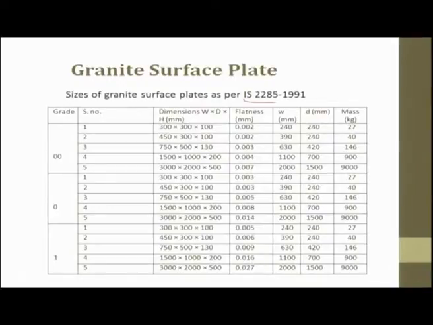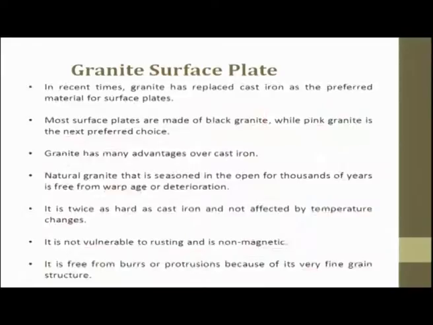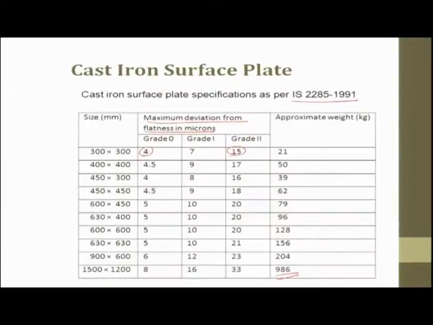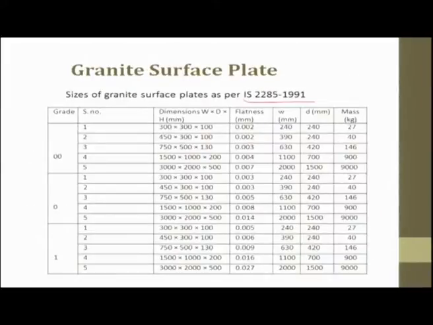According to this standard, you can see the grades 0, 0, 0, 1, and these are all in millimeters, so you can convert into microns, and these are all the weights. For example, this is 1500 by 1200, which is around 1000 kilos, and this one is 900 kilos. So, it is slightly less, approximately. Okay.